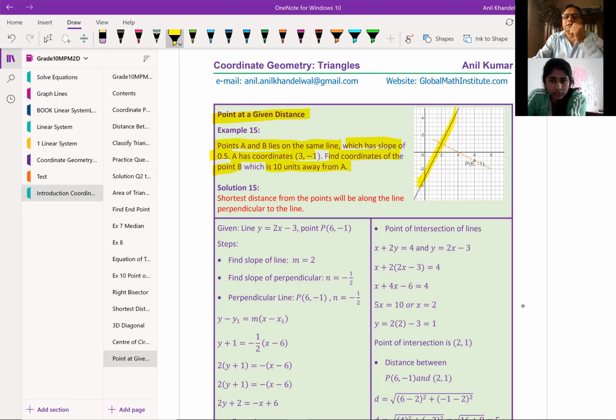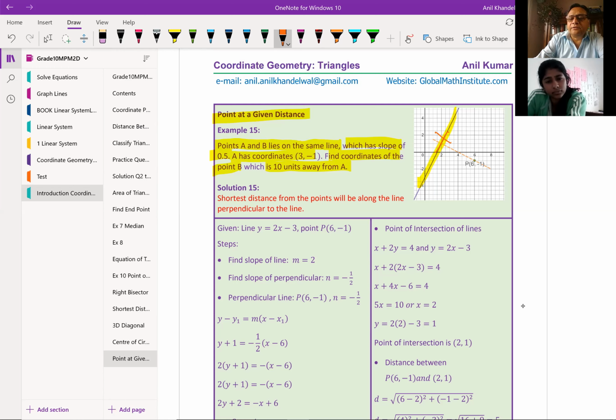This is a diagram of the previous one, however it's not relevant to this particular question. I should say, do not go with this figure, it's the wrong figure. We are given that point A and B lie on the same line, and slope is half.